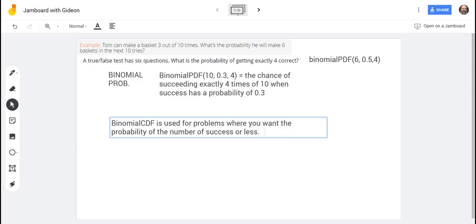Well, you could add up exactly 2, exactly 3, exactly 4, exactly 5, exactly 6, and write them each down. But it's probably easier just to go cumulative 0 to 6, and then subtract off cumulative 0 and 1, right? Do a cumulative up to 6, and then do a cumulative up to 1, and subtract. So all that's left is 2, 3, 4, 5, or 6 successes.